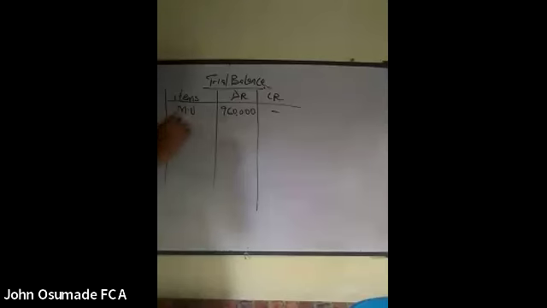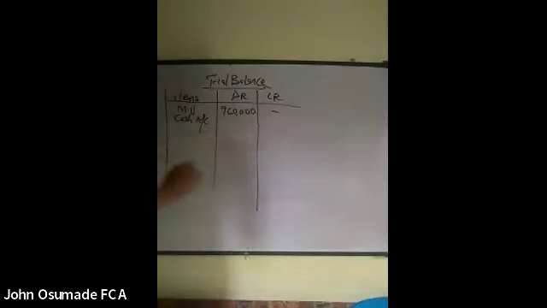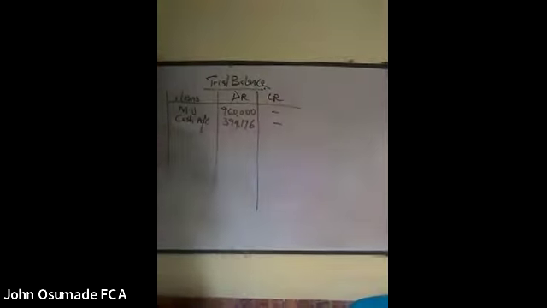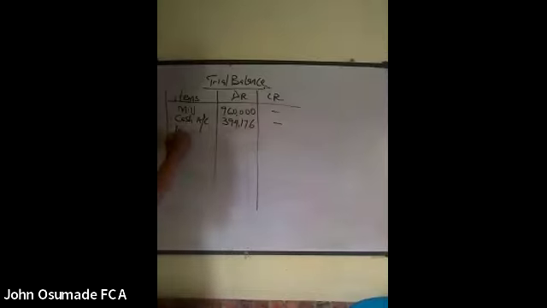Next. Cash account. Figure. 394,176, debit side. Next. Loan account. 132,000.